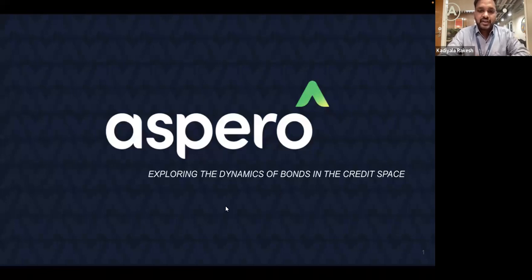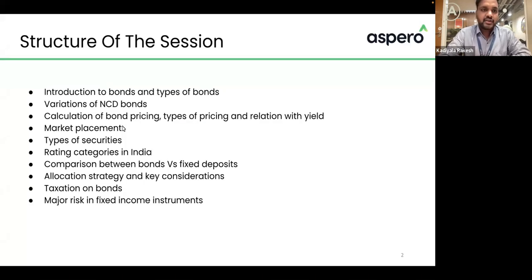So here in this session, this is the structure of the session which we are going to cover. Many of you are already aware of the bonds and the types of bonds, and we'll cover it.